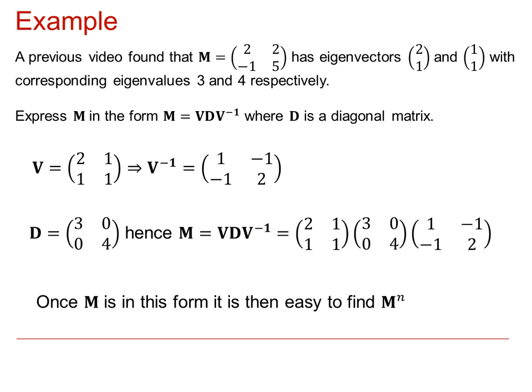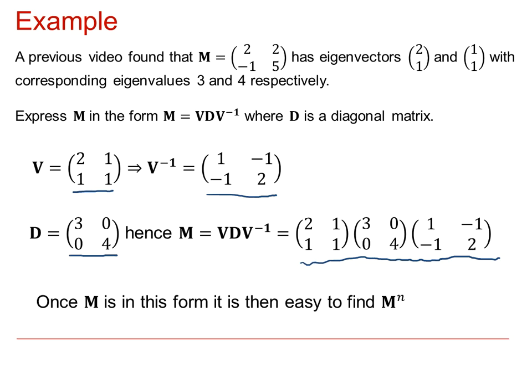So to diagonalize the matrix, form V from the eigenvectors and find its inverse. Then the diagonal matrix is formed from the corresponding eigenvalues along the leading diagonal. And then M is written in this form, V D V inverse.